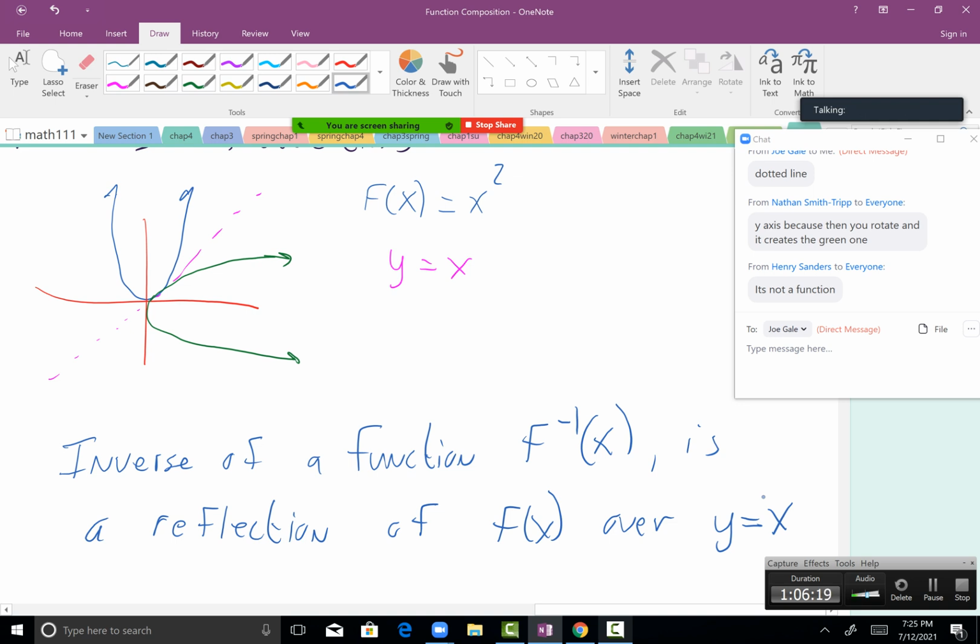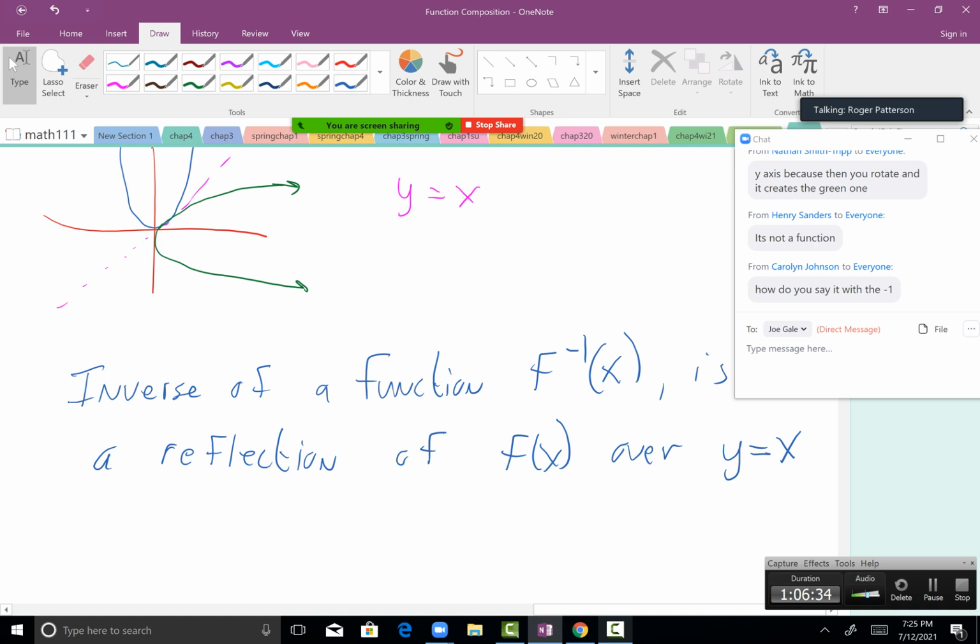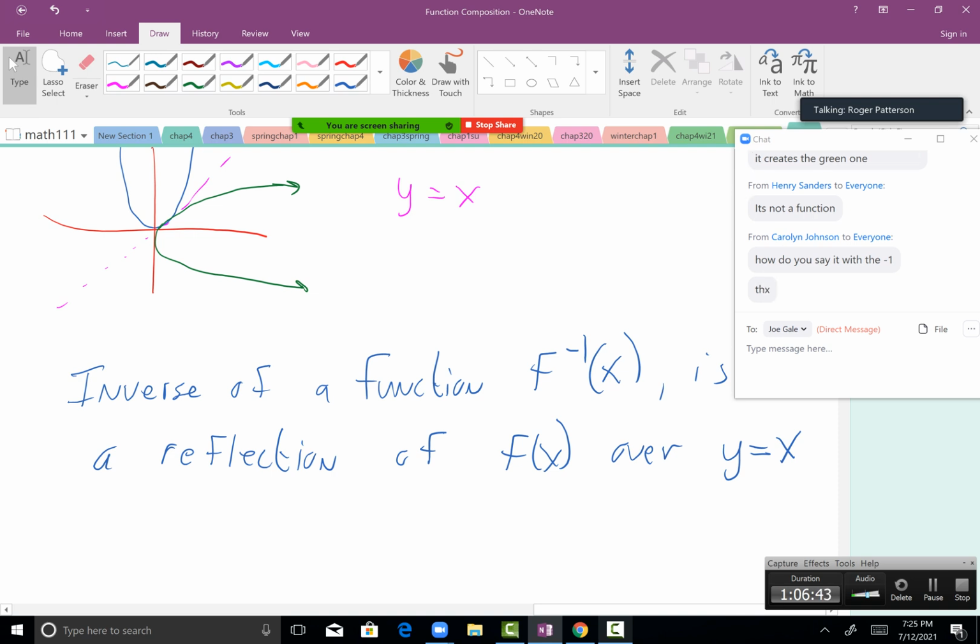So the inverse and the function are reflections of each other. That's what that's trying to say. You say it as f inverse of x; you don't say -1 at all. The -1 means the inverse.